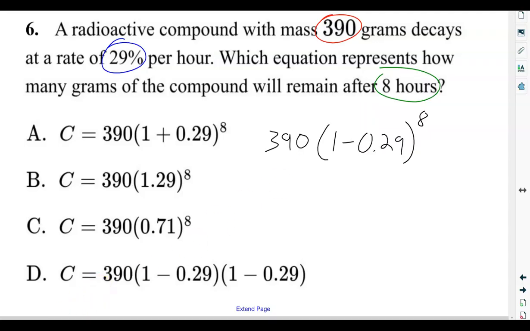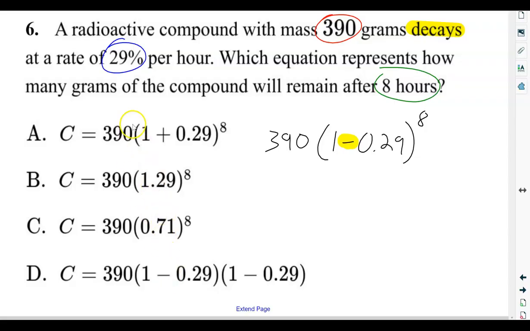Now, here we're going to have 390 times 1 minus 0.29 raised to the 8. And the reason we use minus is because it decays, it goes down. So we're going to subtract. Okay, and they try to trick you here. Look how they got that 1.29 here. Be aware. But that's not correct.